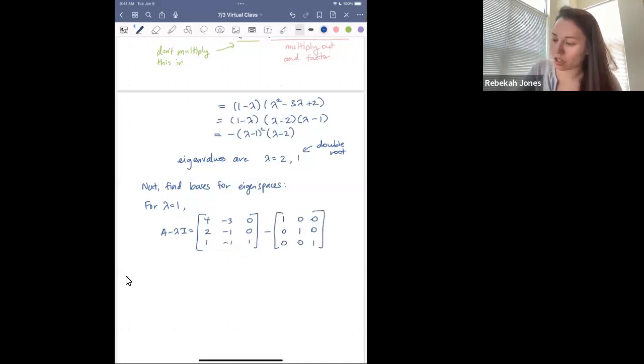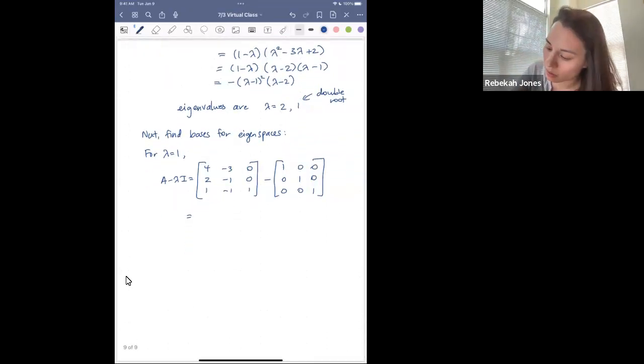It doesn't change it, right? So just subtracting this matrix from our A, we get 3, 2, 1, negative 3, negative 2, negative 1, and 0, 0, 0.